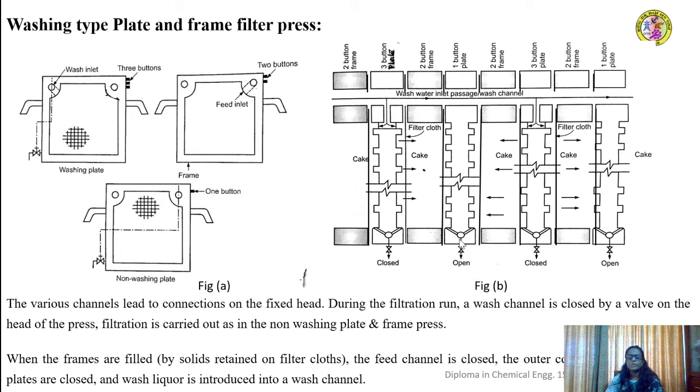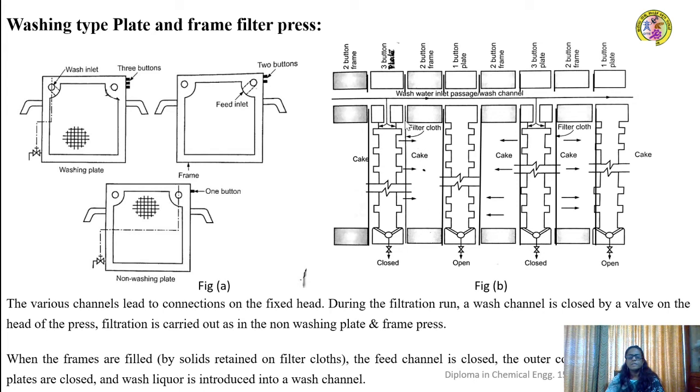Then through that it goes out from the bottom. In that way, we have made the wash liquid enter from behind the filter cloth and get uniformly distributed throughout the entire cake thickness, and finally after washing the wash liquid can come out from the next plate in series.